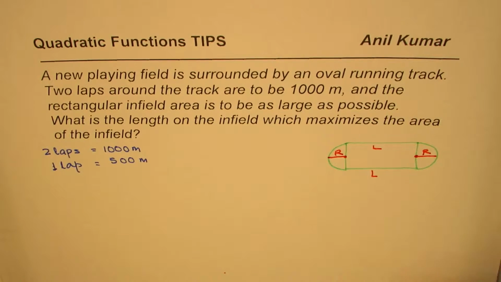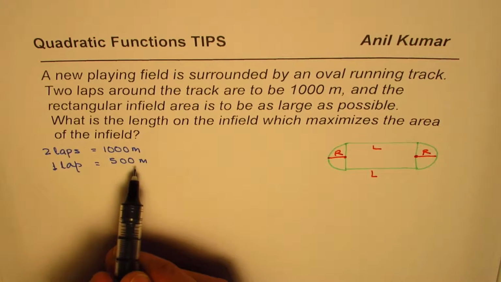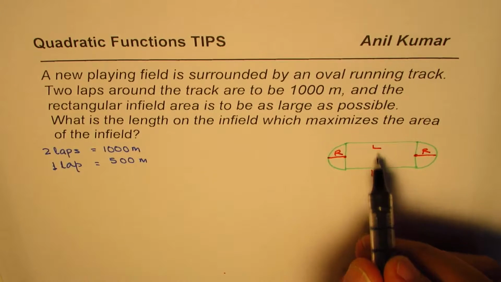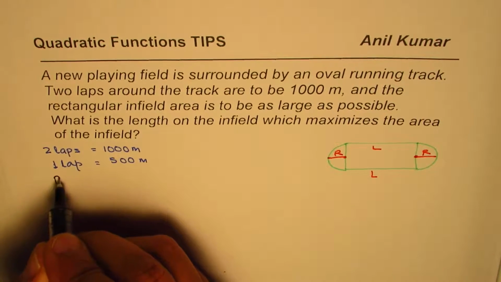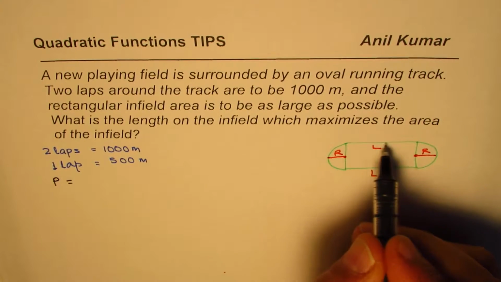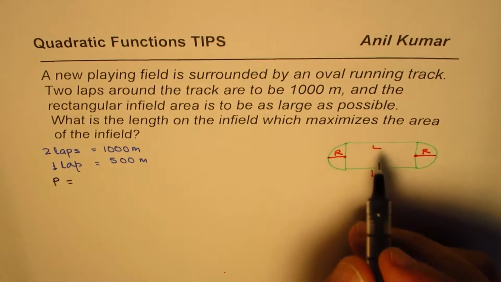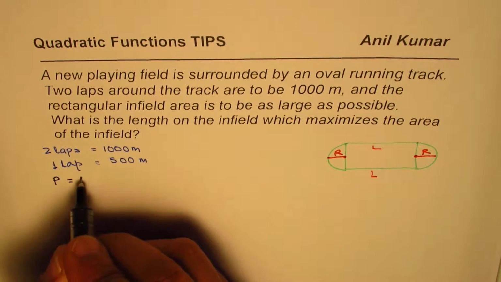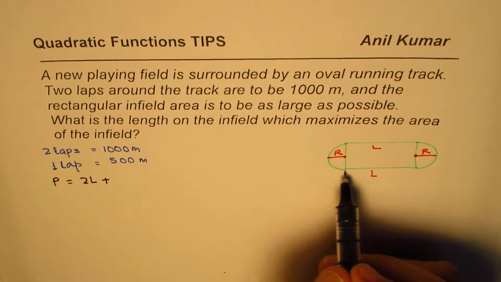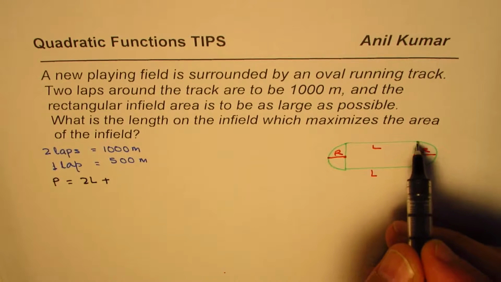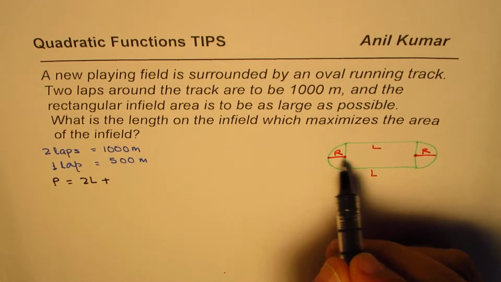So we know the perimeter, which is 500 meters, is the sum of length plus the circumference, correct? So the perimeter, that means all around the field, should be L plus L, which is 2L, plus 2 pi r. That becomes a half circle, and another half circle, so one full circle, right?